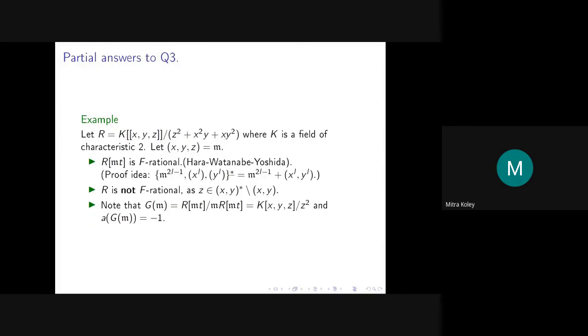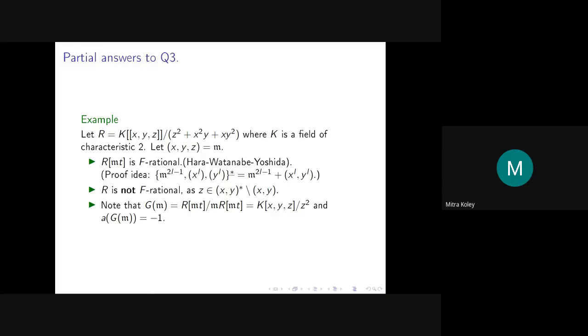So this is the example. Let R be K[x,y,z] quotient by the ideal generated by z squared plus x squared y plus x y squared, where K is a field of characteristic 2. Let (x, y, z) be the ideal denoted by M. Then the Rees algebra R[Mt] is F-rational.